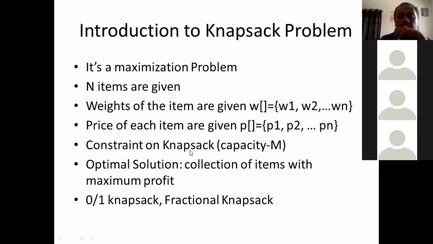As you can see here, the capacity of the knapsack is denoted by a few letters. Some call it M, or some call it capital W, and so on. There are N items given in the problem, and each item is associated with its weight.